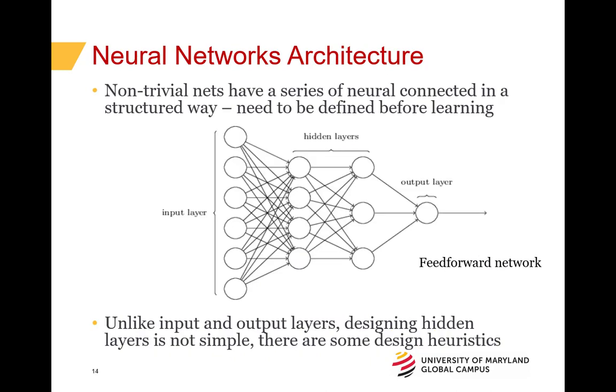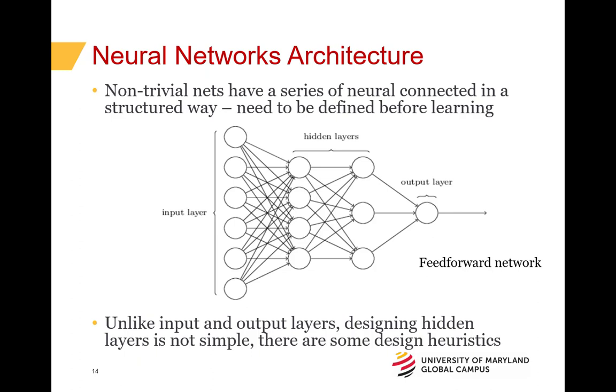So earlier I indicated that another critical aspect of neural networks, in fact one of the challenging aspects, is how to design an architecture that is optimal. There are so many possibilities in terms of layers, hidden neurons and the connections.